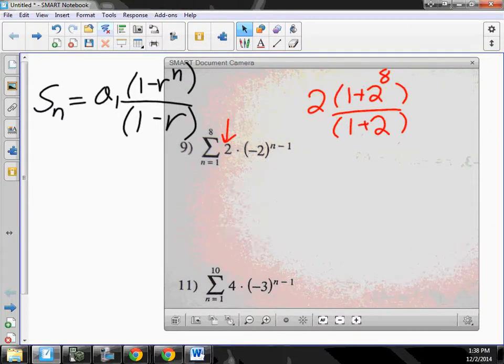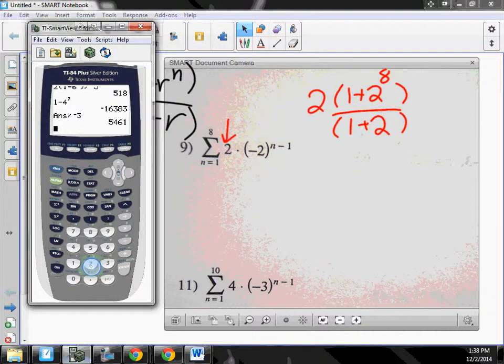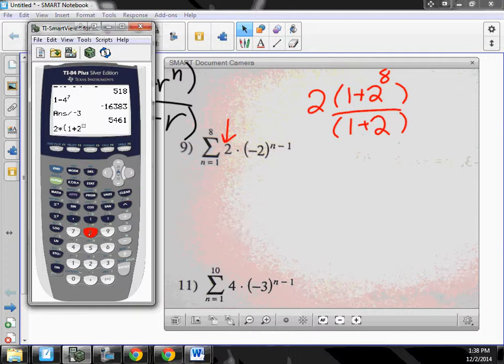Okay, watch this. So 2 times 1 plus 2 raised to the 8th, and then I'm going to divide that by 3. And I get, wait a minute, that doesn't make any sense.